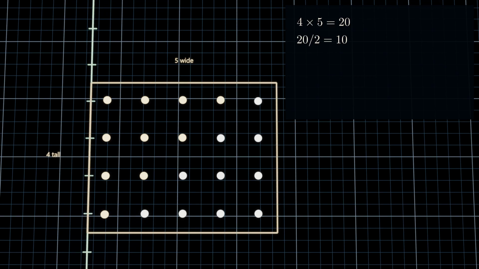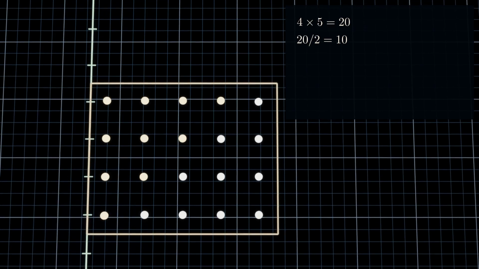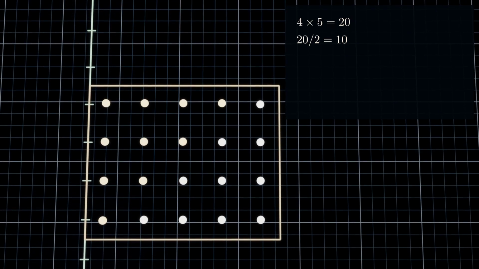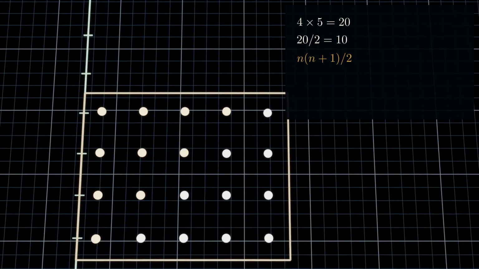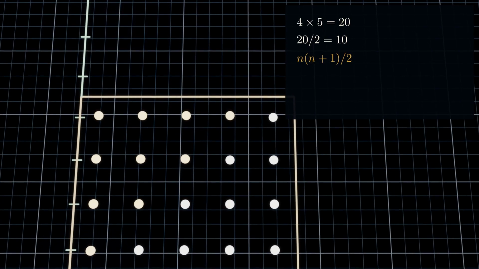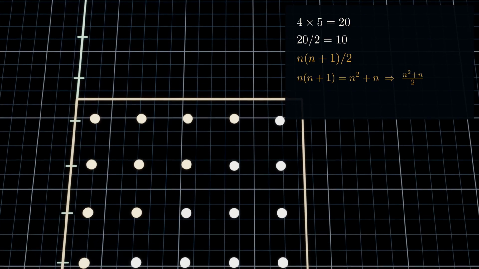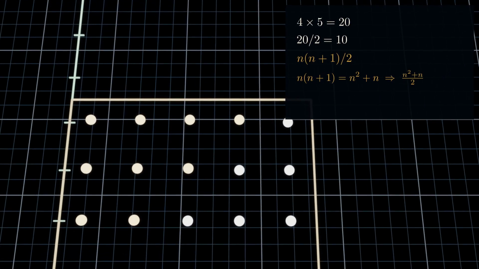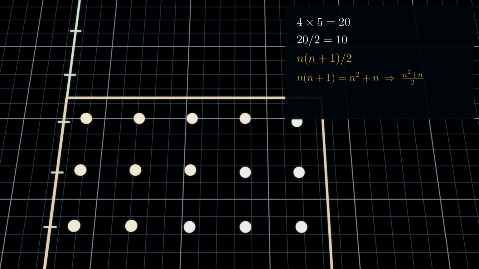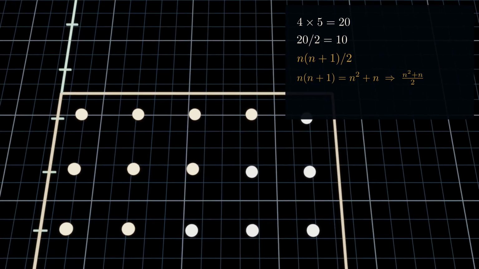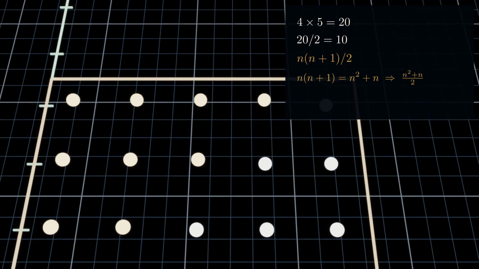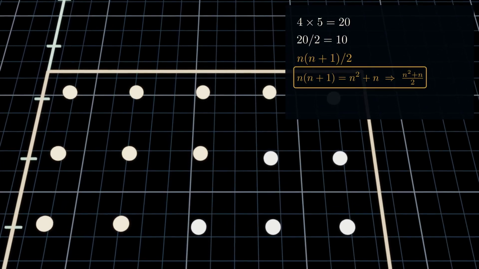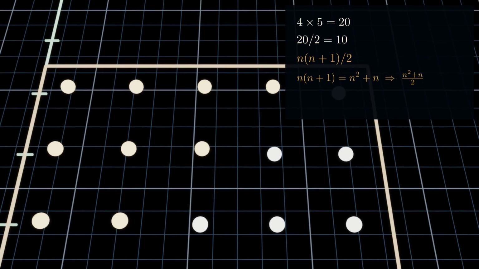And in general, n tall and n plus 1 wide, n times (n plus 1) dots, and half of that for one staircase. n times (n plus 1) over 2. Multiply the top out. n times n is n squared, n times 1 is n. (n squared plus n) over 2. That is the formula in the question.